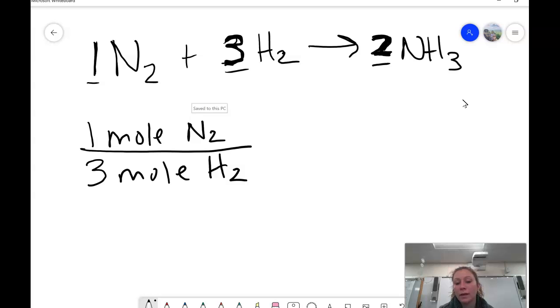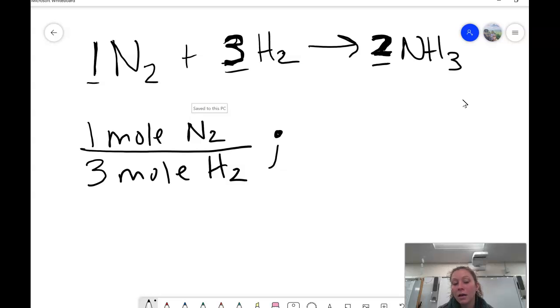So one of the mole ratios you could use would be 1 mole of N2 over 3 moles of H2. This would be used in an example where I maybe have a certain amount of hydrogen gas and I want to know how much nitrogen gas I also need in this chemical reaction. In using mole ratios, we can just flip them, and that counts for a second mole ratio.